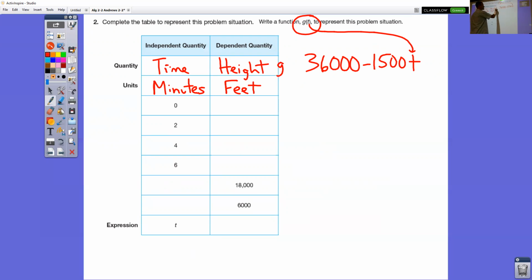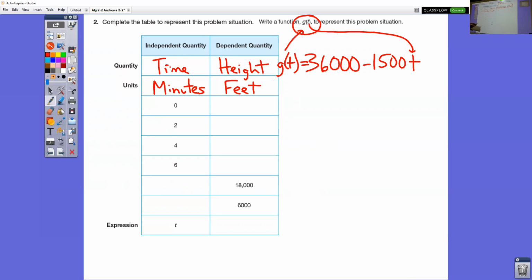This would be the g of t, because that's what they wanted you to use. Make sure you always use the letters that they want you to use. If it has a t in the parentheses, you need a t in your expression or your equation, not an x. So it's starting off at 36,000. It's decreasing 1,500 feet per minute. So minus 1,500 times the number of minutes.